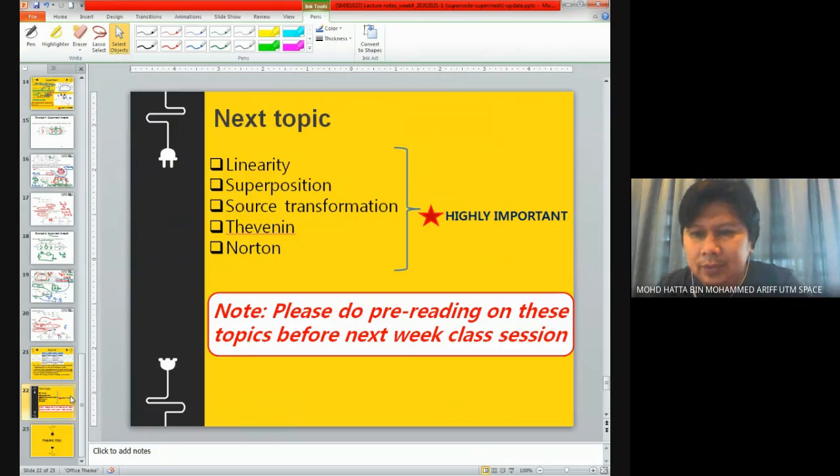Next topic, we will get into circuit theorems. The most famous circuit theorems are known as Thevenin and Norton. But before we learn about Thevenin and Norton, we need to get to know another way to analyze our circuit by using theorems known as superposition and also source transformation.